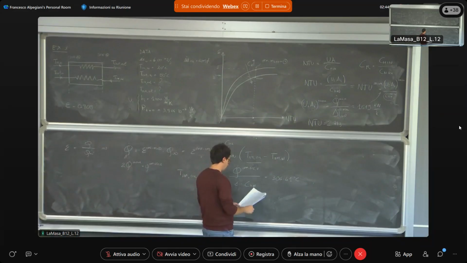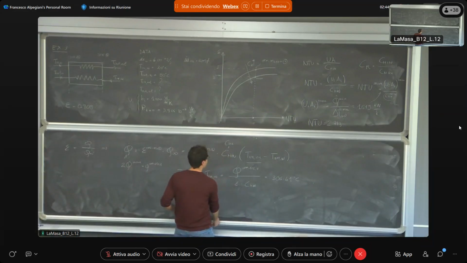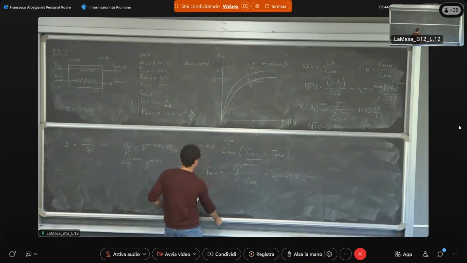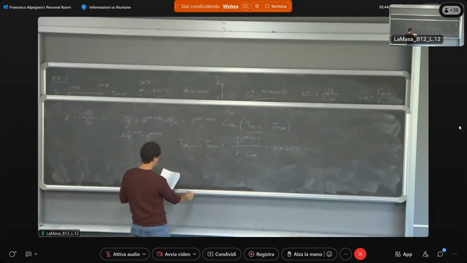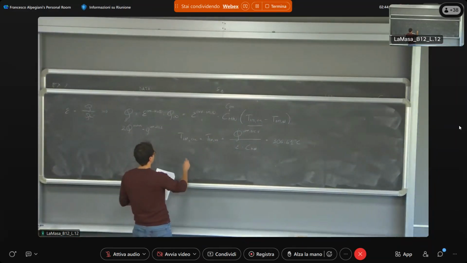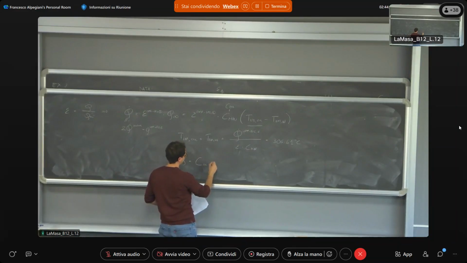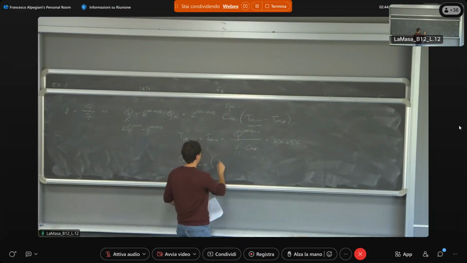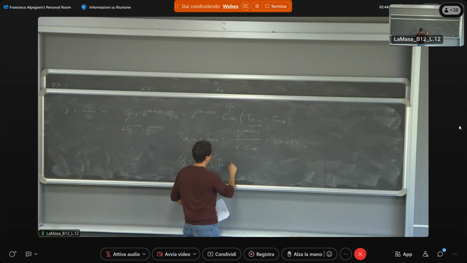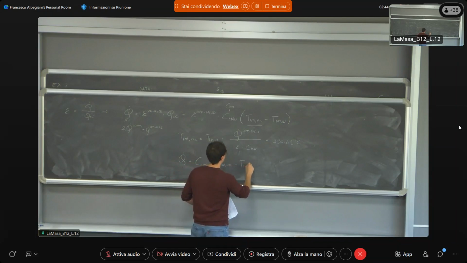And so then, exploiting an energy balance, we can evaluate also the temperature of the oil at the outlet. So writing that Q dot is equal to the heat capacity of the oil times T in of the oil minus T out of the oil.